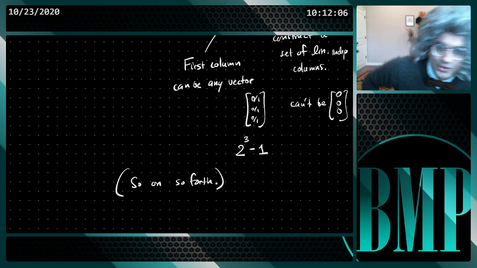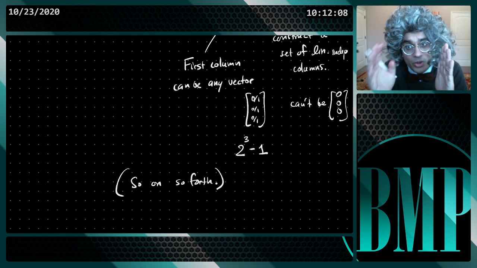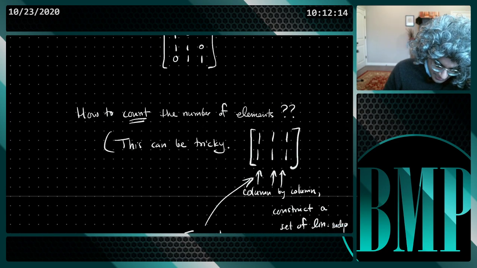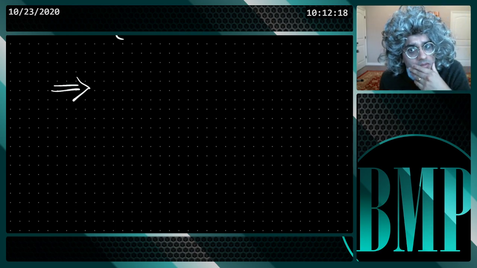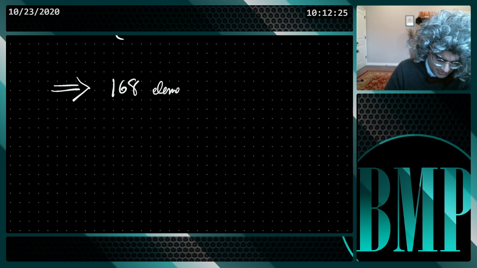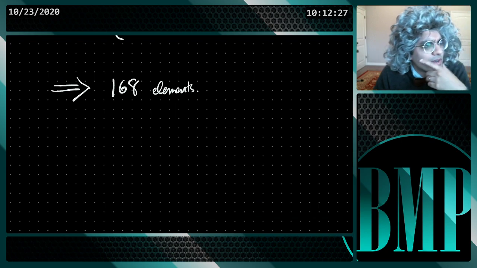All right. So then you have to think about what's the possibilities for the second column and then the third column. And what you get is a total of 168 elements. If I did this right.